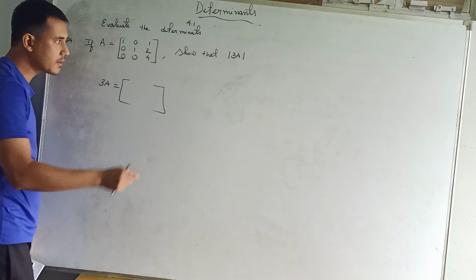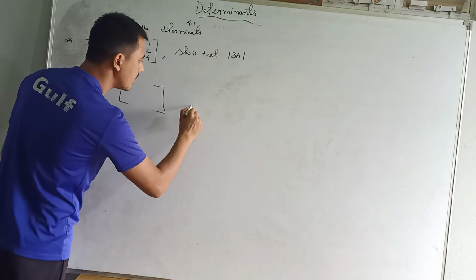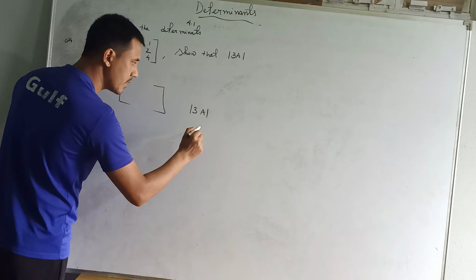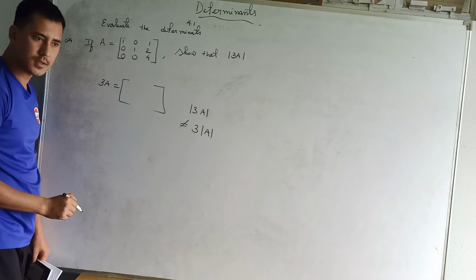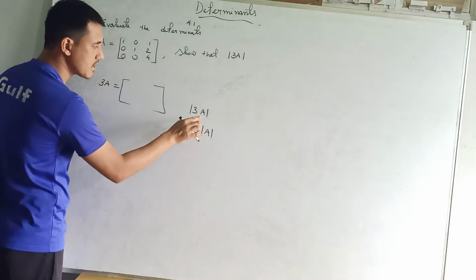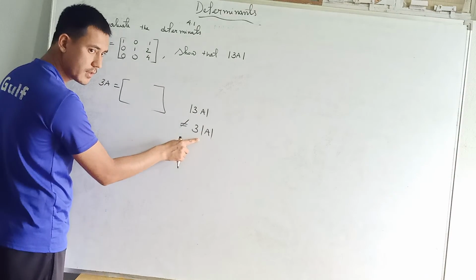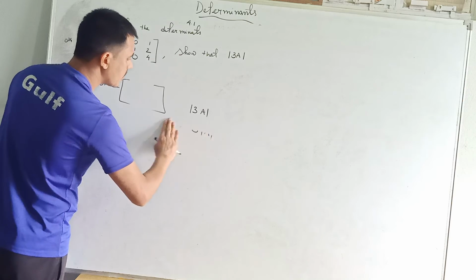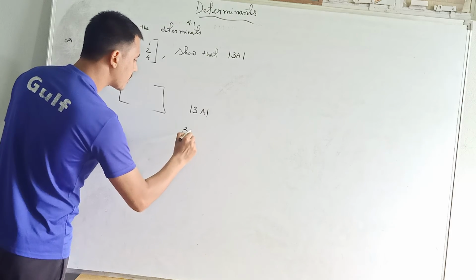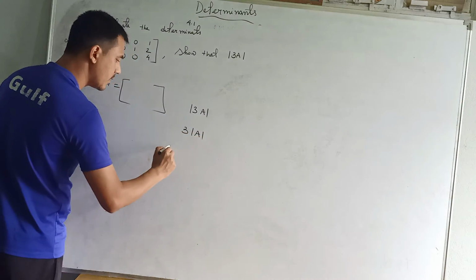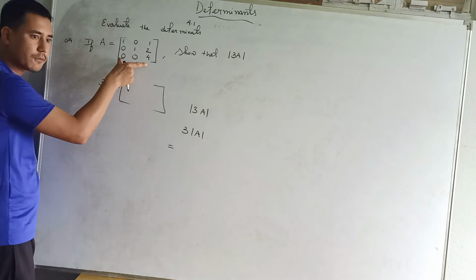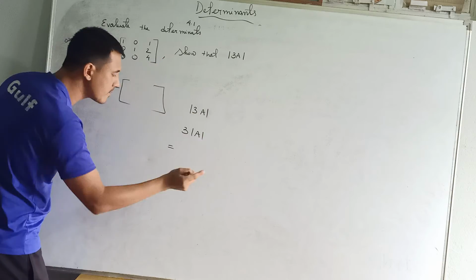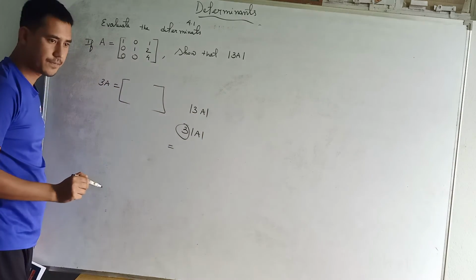Do not get confused: determinant of 3A is never 3 times determinant of A. No, it is not equal. These are 2 different things. When you are talking about 3 times determinant of A, then first you need to find out the determinant of this matrix, and with the result you multiply by 3.